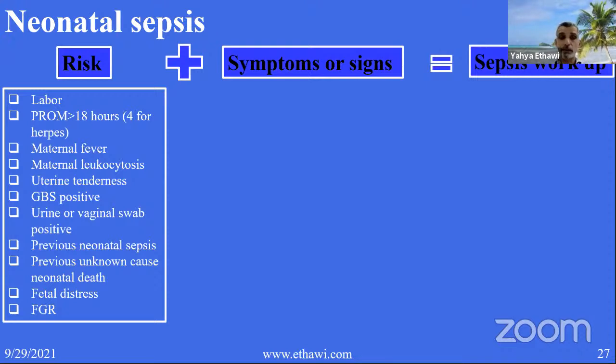If the mother is febrile, if there is leukocytosis, if there is tenderness of the uterus, if they are GBS positive, if there is urine or vaginal swab positive, if you have previous neonatal sepsis, if you have previous unknown cause of neonatal death, if you have fetal distress, if you have fetal growth restriction, all these are risks of infection. But this does not mean that you should start antibiotics. You should have symptoms.